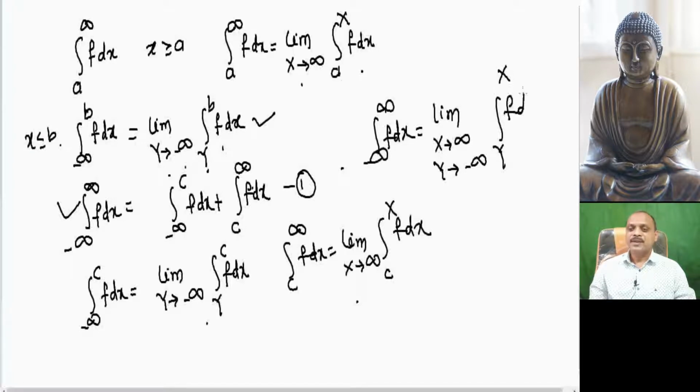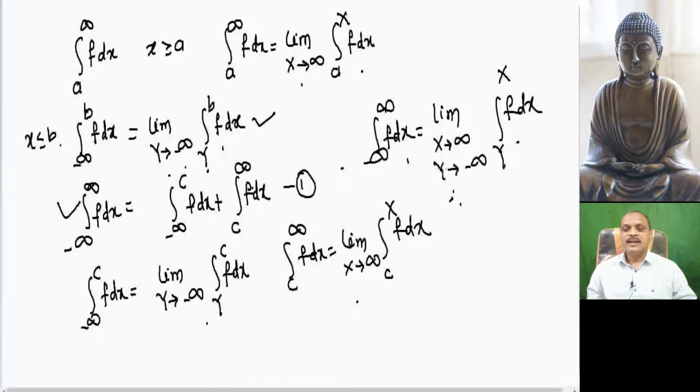If the integral is evaluated, and after we apply the limit the limit exists, then the integral is said to converge, otherwise it is said to diverge. So these are the definitions of functions where the range is infinite.